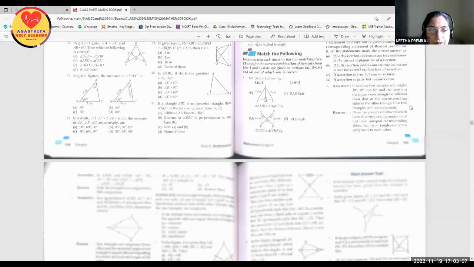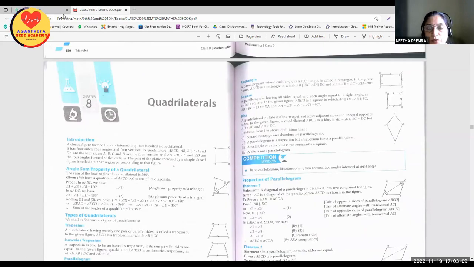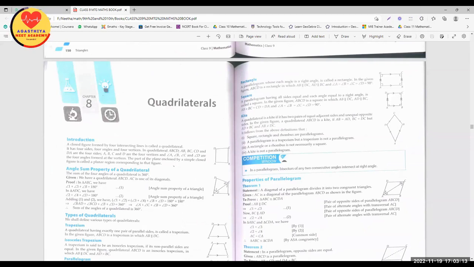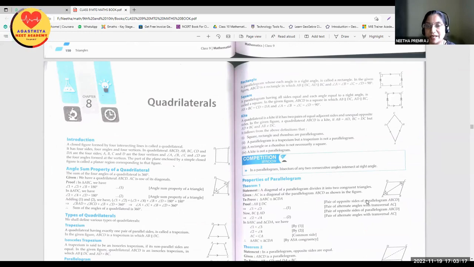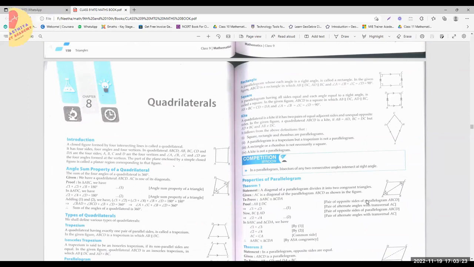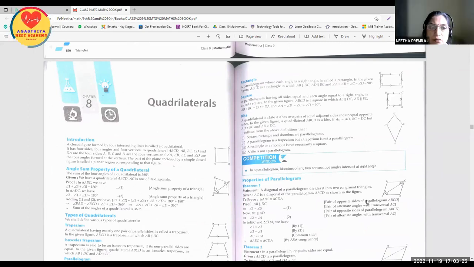Quadrilaterals. Okay. Before going to this, we will discuss something, then we'll come back to this. We have seen the basics, right? Shall we straight away move to sums? Ma'am, we finished the chapter. Okay, then what else do you want to see?